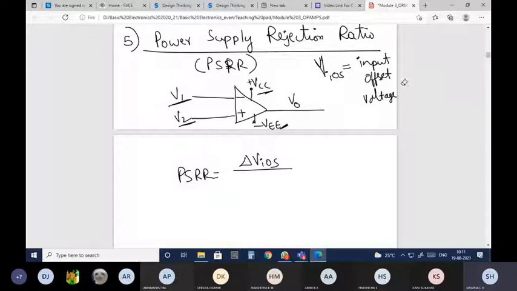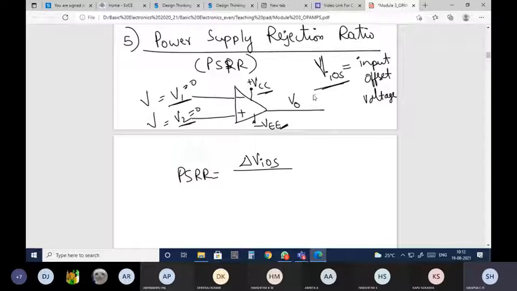Hope you understood why input offset voltage will be there. Input offset voltage will be there in order to make the output equal to 0 when both inputs, to the inverting terminal and the non-inverting terminal, either are both equal to 0 or are both the same. Okay, so in that case we'll get VIOS.